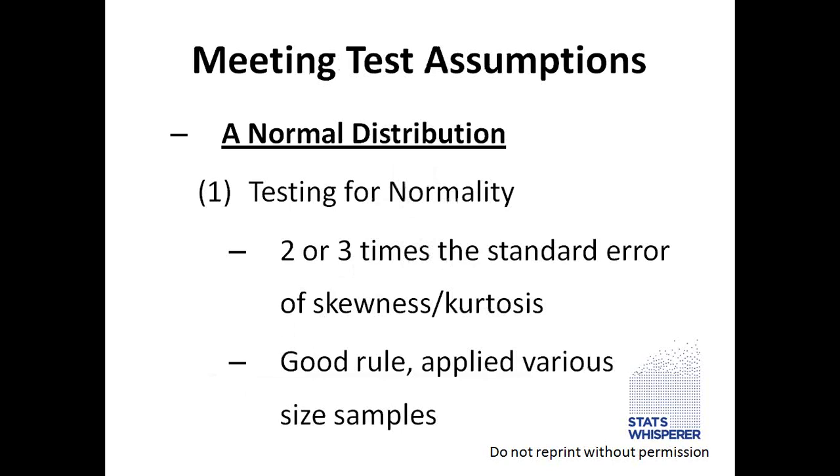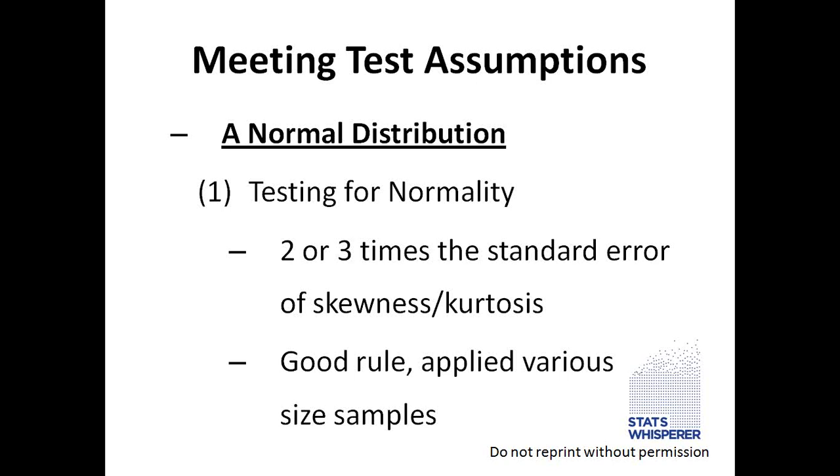One of the best ways to check for poor or good skewness and kurtosis is to look at the standard error of the skewness and kurtosis. And so we're going to look at this, but it is said that if the skewness or kurtosis is not more than 2 times the standard error of the skewness or kurtosis, and you can use 3 if you want to be a little more liberal, then it's approximately normal.